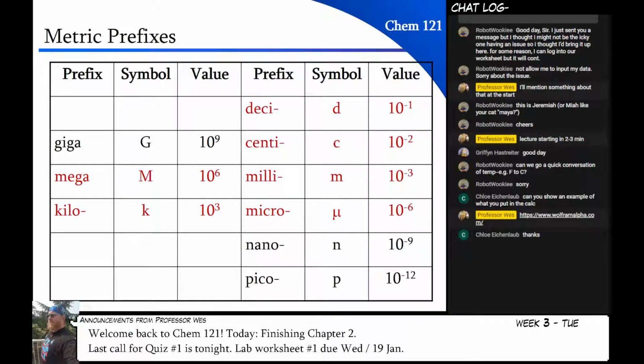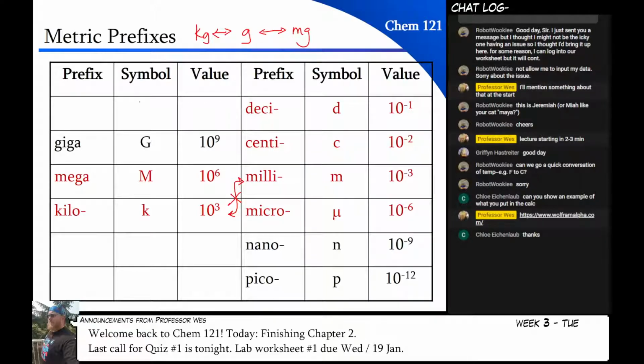But what's important to note here is that this table does not allow you to go directly from one to the other. I can't do that. What I have to do is turn kilograms into grams back and forth using 10 to the 3, and then turn grams into milligrams back and forth using 10 to the minus 3, actually.